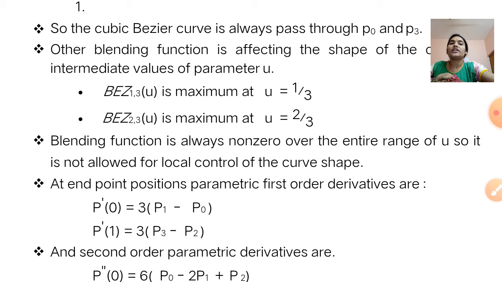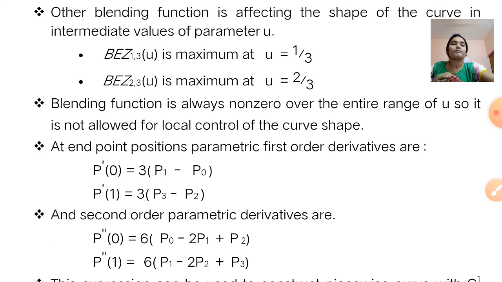Okay, at the endpoint positions, the parametric first order derivatives are p dash 0 equals to 3 into (p1 minus p0) and p dash 1 equals to 3 into (p3 minus p2). So p dash 0 is for your first end point and this one is for your last end point.